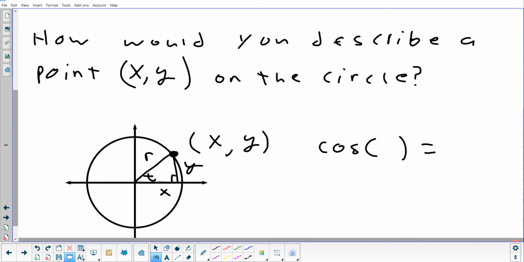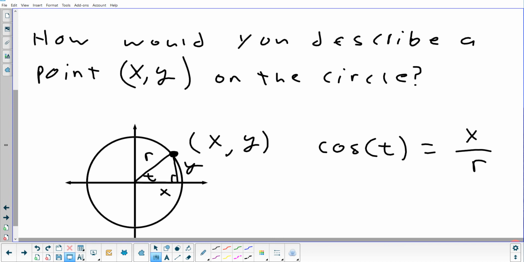Cosine t is equal to, we're finding which one again? X. Oh, so that's the adjacent. So that would be x over r. And now, let's get x by itself, and we'll have the first parametric equation we need.